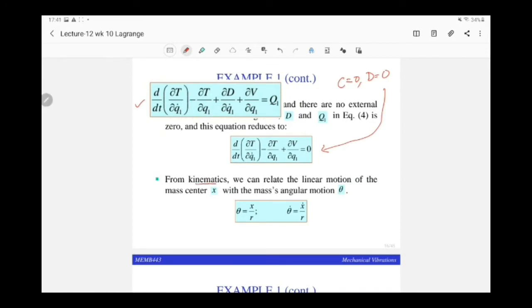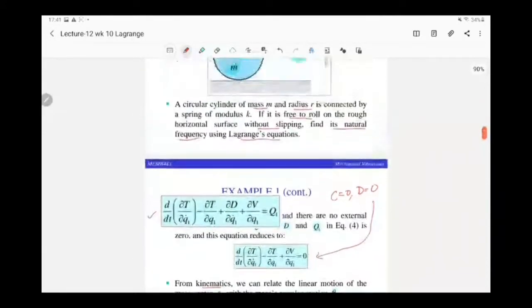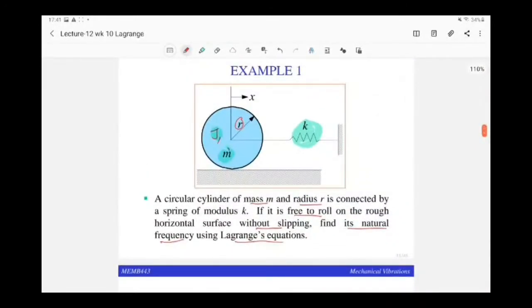There is a kinematics relationship that you have to consider between x and theta, because you have a linear spring here. If I want to draw, this linear spring will experience x. Here is x, and this is angle theta, and this is R, the radius.